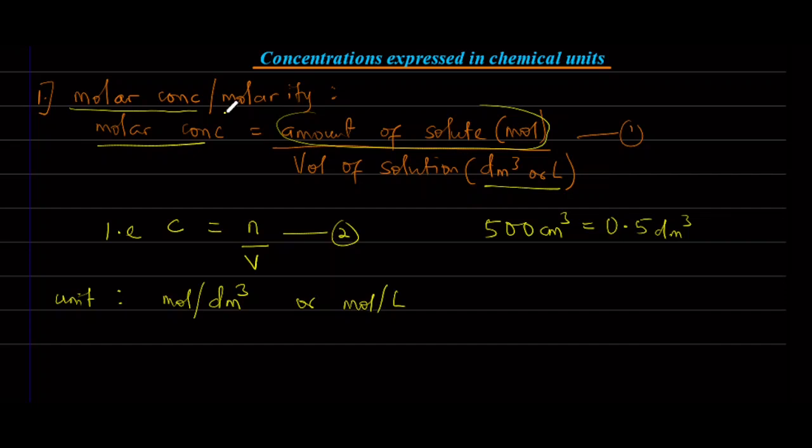Sometimes we don't usually write it as mole per Dmq or mole per liter. We simply write it by saying molar. That is, one capital letter M is known as 1 mole per Dmq. They are the same thing.